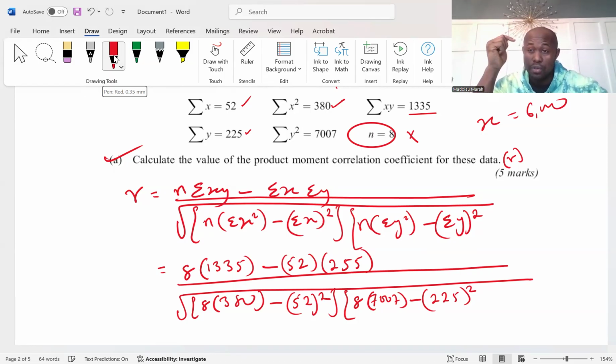Remember in my first lecture, we explained the types of correlation. So we want to determine the strength of this relation.